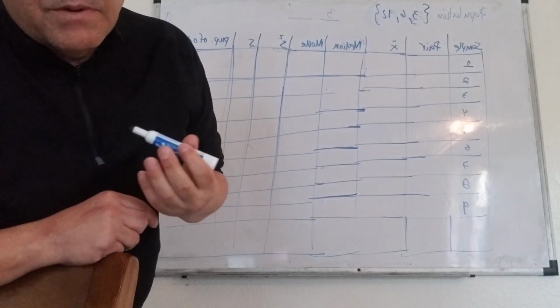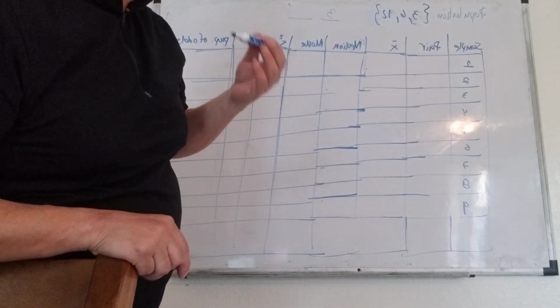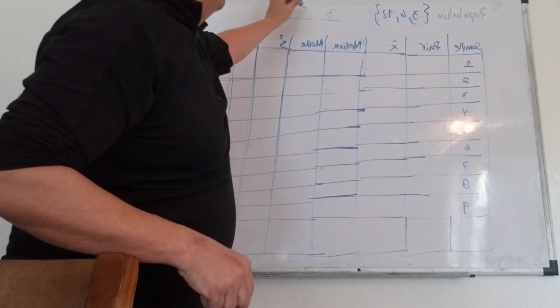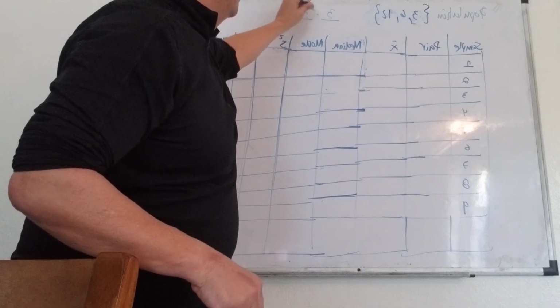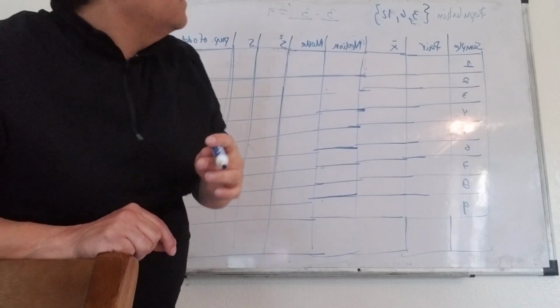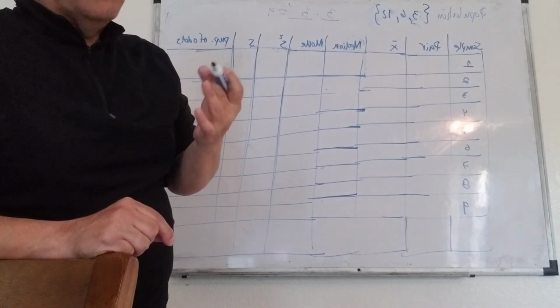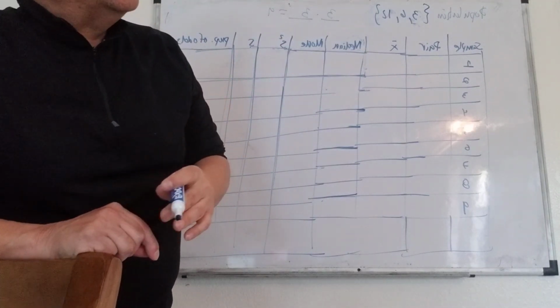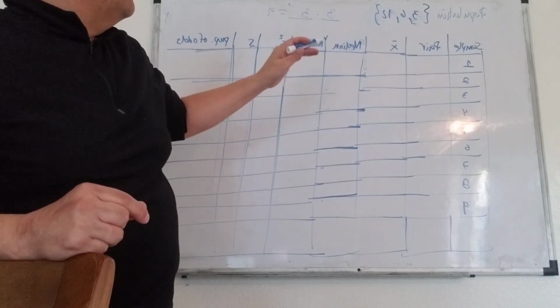If I'm allowed to repeat, I can have any one of the three numbers again. If I multiply those together, there are 9 possible pairs that I can have with replacement. So I want to fill up this chart based upon this.